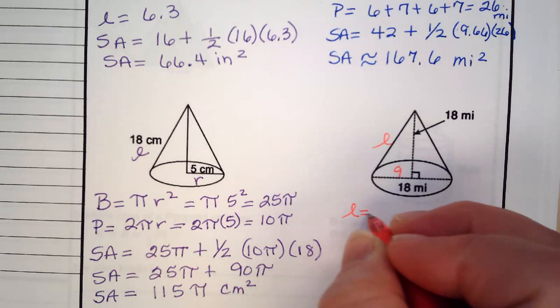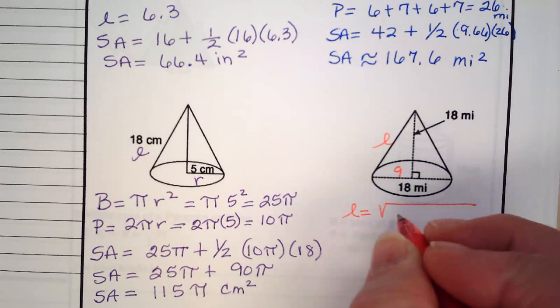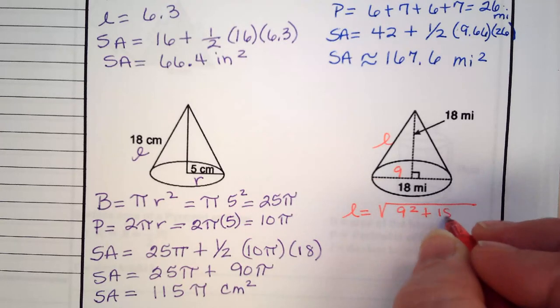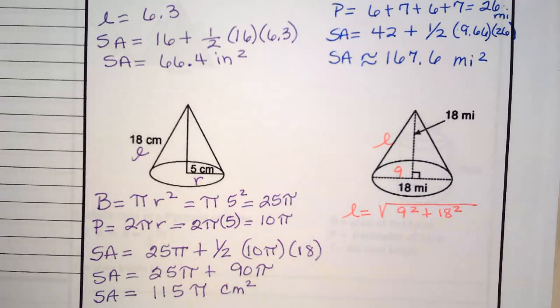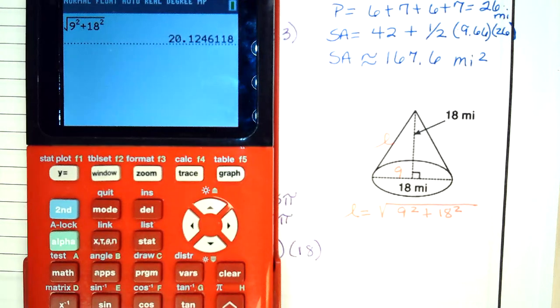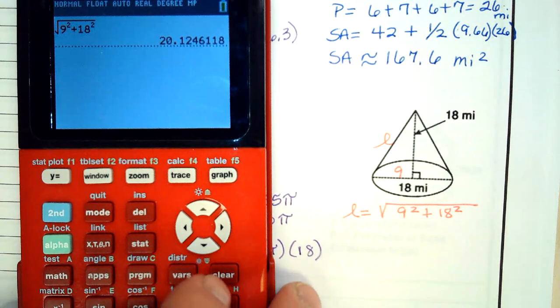So L is equal to the square root of 9 squared plus 18 squared. And I get 20.12.